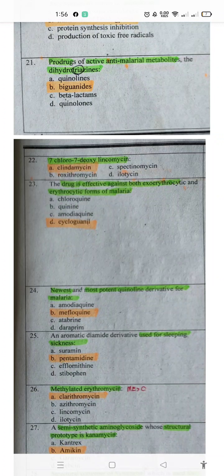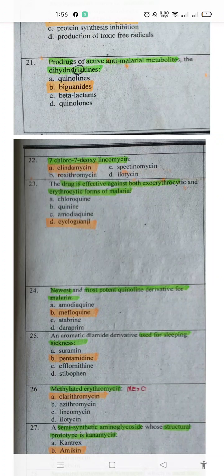While for American sleeping sickness, the causative agent is Trypanosoma gondii. So, there are two types of trypanosomiasis, your African sleeping sickness and your American sleeping sickness.